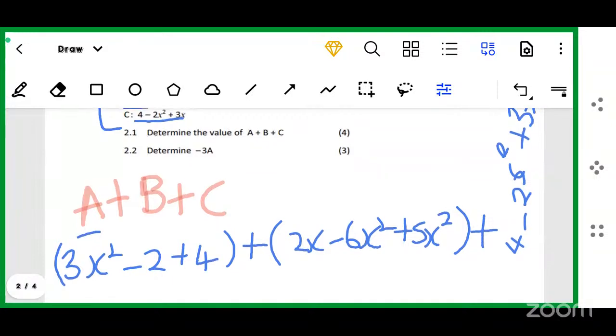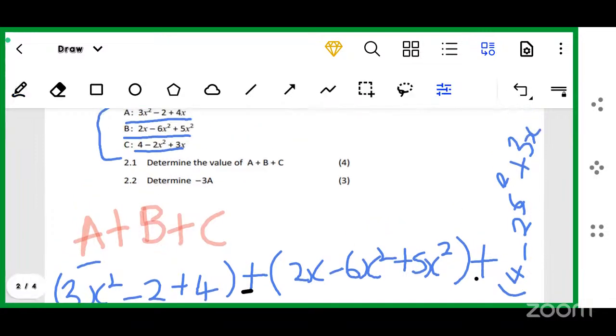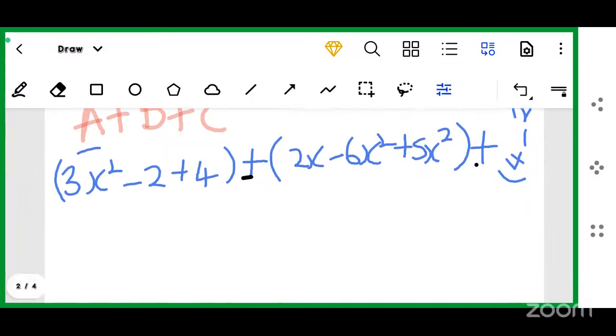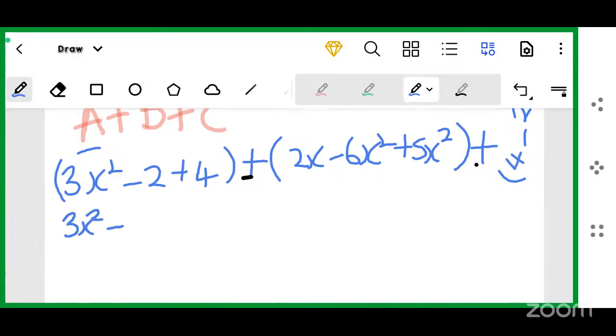We have to remove the brackets by this thing that is outside of them. I forgot to also include a bracket here. So the first thing that we're going to do is write our 3x squared minus 2 plus 4.